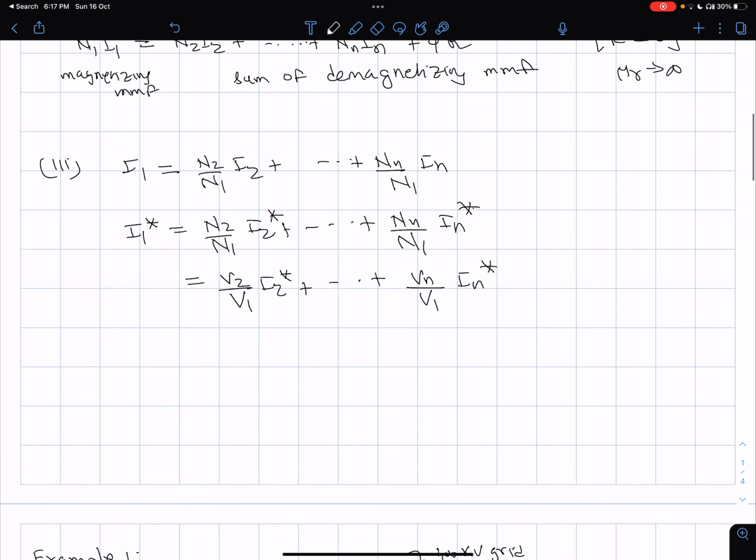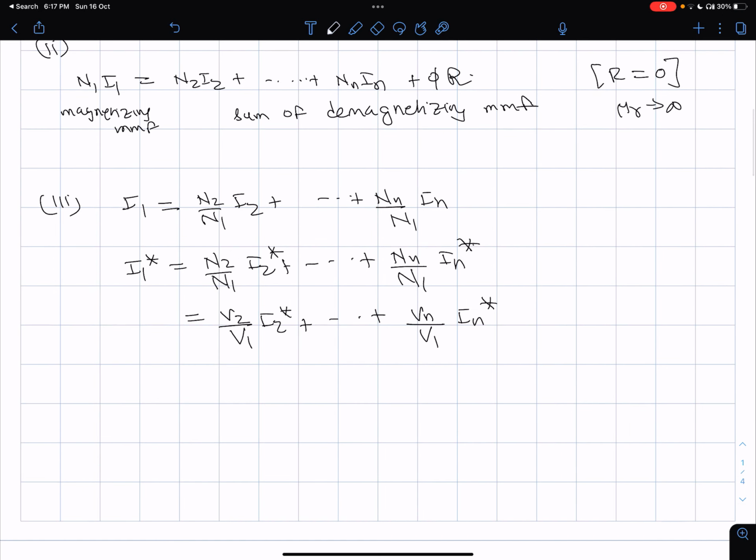Now take the V1 to the left hand side, multiplying by V1. You will get V1 I1 star is equal to V2 I2 star plus so on up to Vn In star.